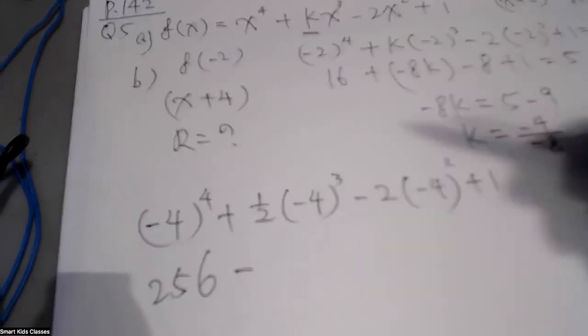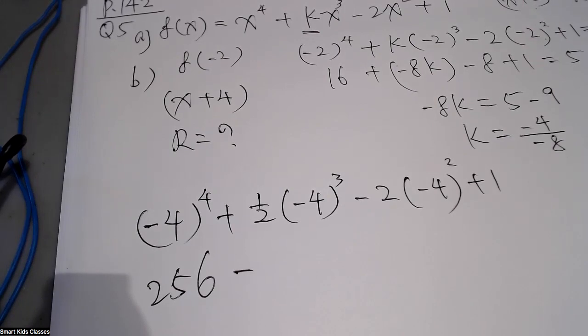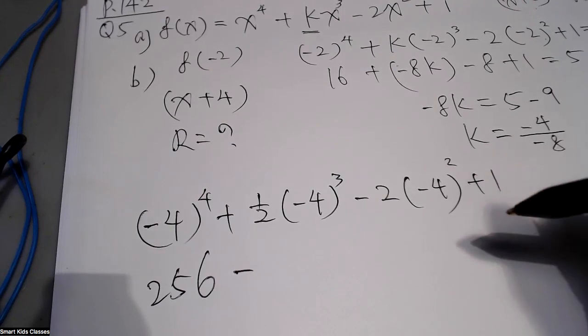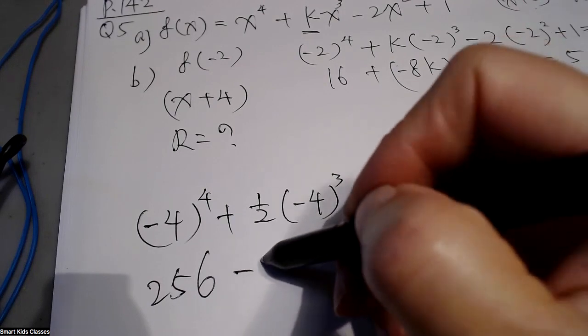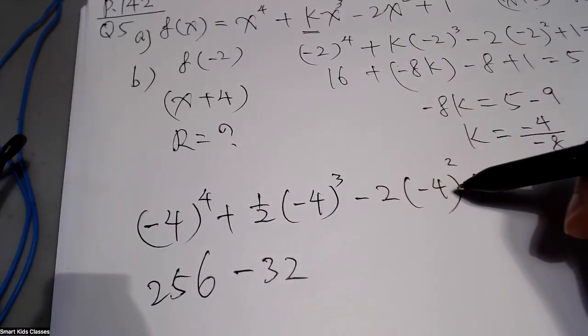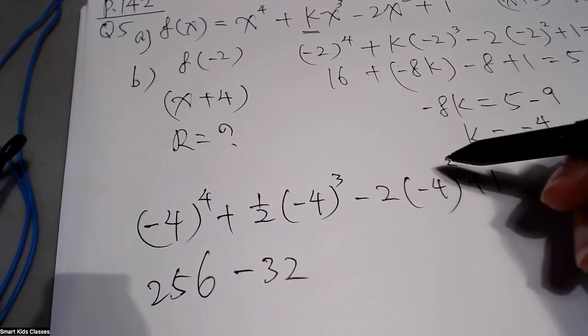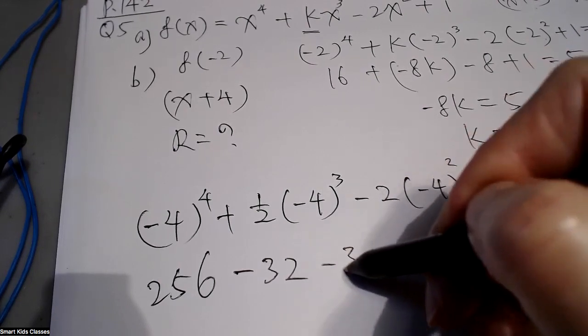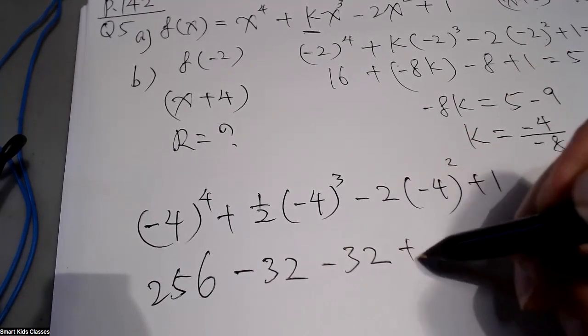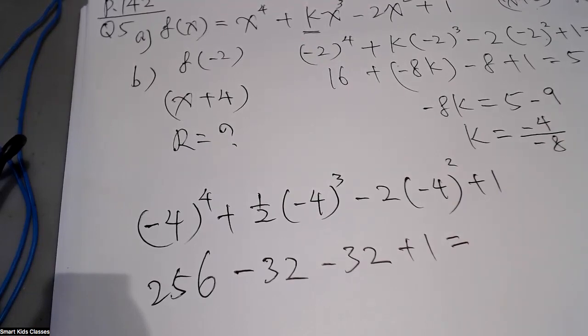So 4 exponent 3 is 64. 64 divided by 2, we got 32. So therefore minus 32. And then this is 16, 16 times 2, negative 32, and add 1.